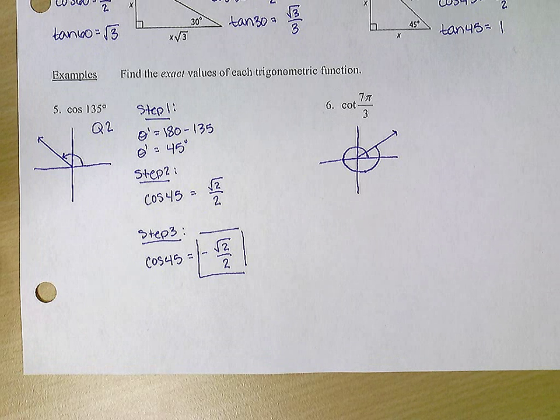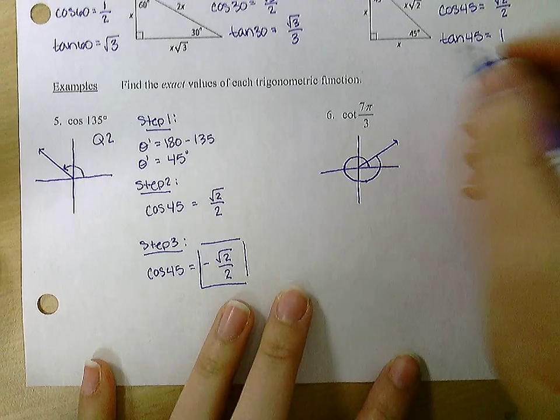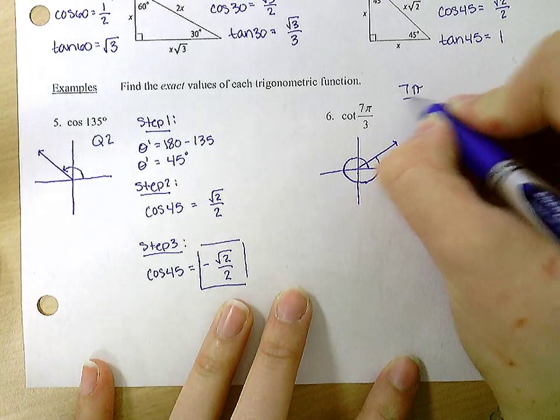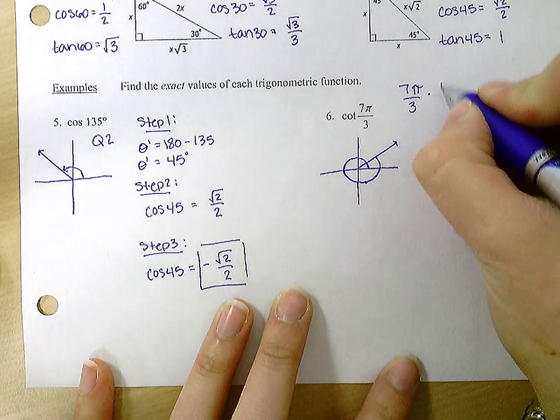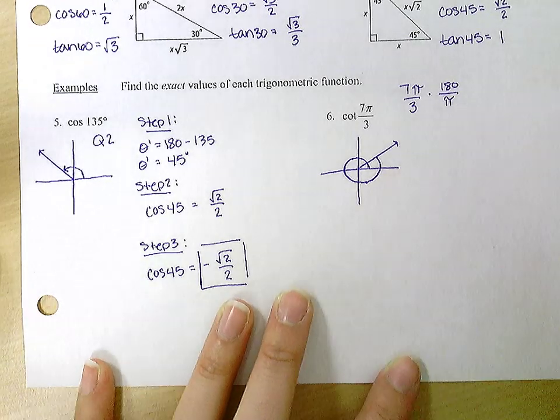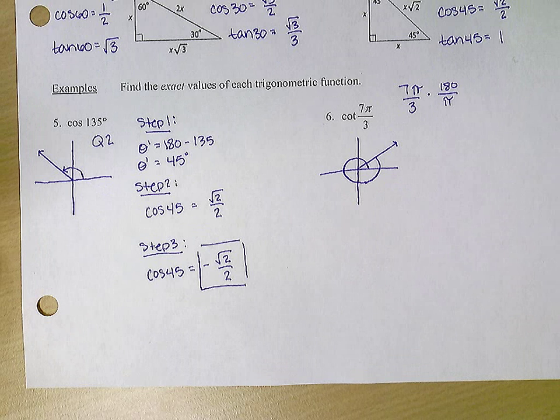Now, again, if you want to find out the degrees right away, if you think that's easier, take 7 pi over 3 and multiply by 180 over pi. You'll figure out that degree measure, and then it might be easier for you to graph. So just change it to degrees, because we're going to need it in degrees anyways eventually.